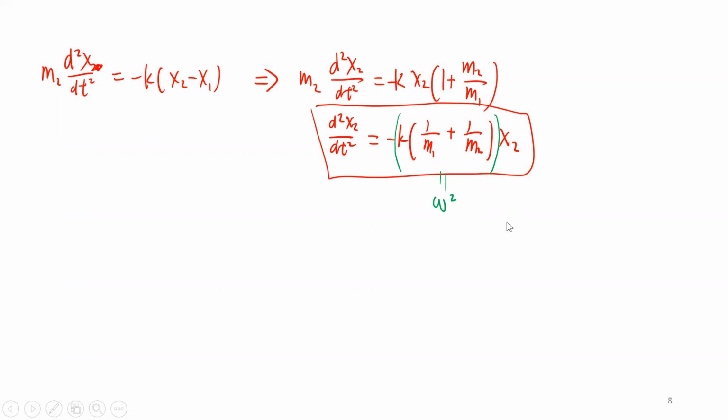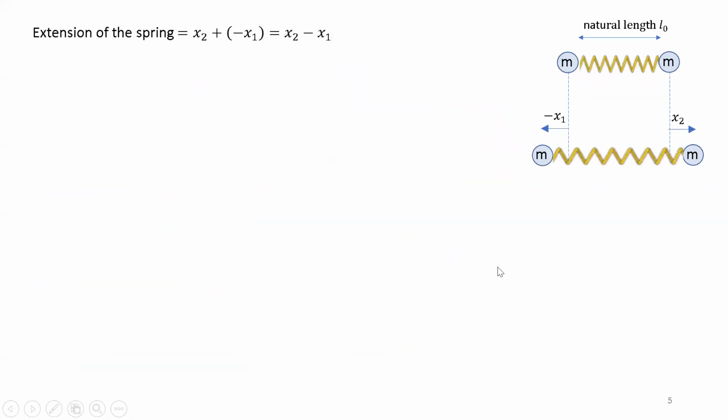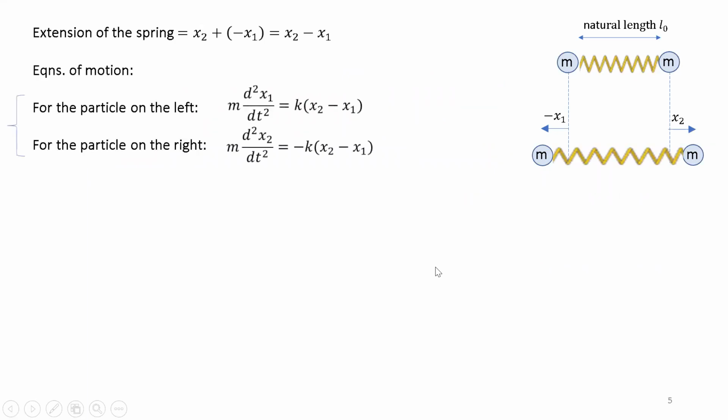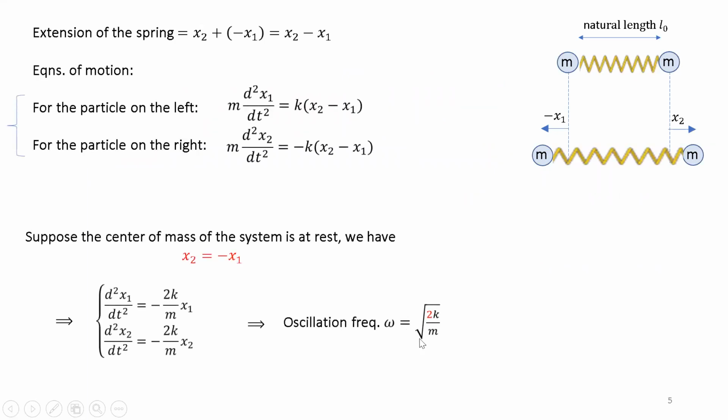And therefore omega is given by k times 1 divided by m1 plus 1 divided by m2. If you go back to the special case where m1 equals m2, then what you have is the same as the example over here, which is 2k divided by m.